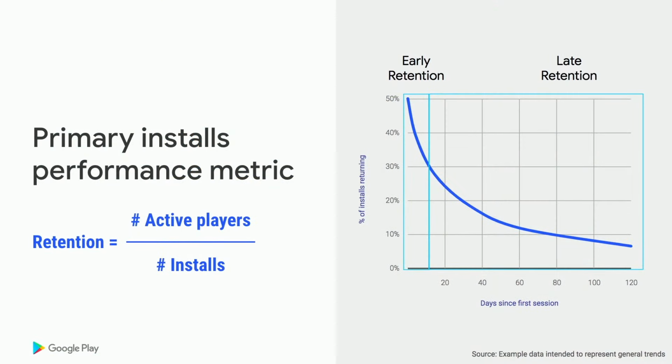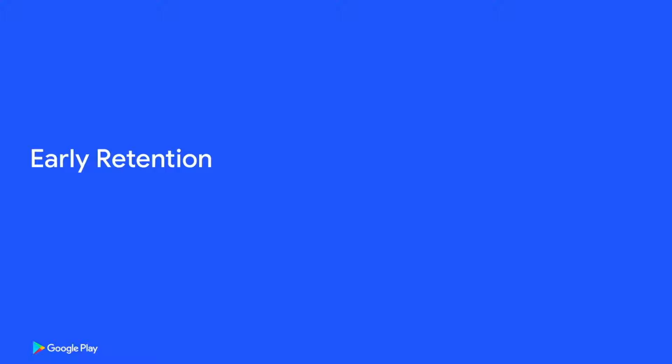And we can break this retention into two types: early retention and late retention. But what I want to dive into now is each of these and how engagement of a user throughout their lifecycle can impact your retention metrics, as well as some common trends and pitfalls that we found here at Google Play to help you understand if there's an opportunity to improve your retention.